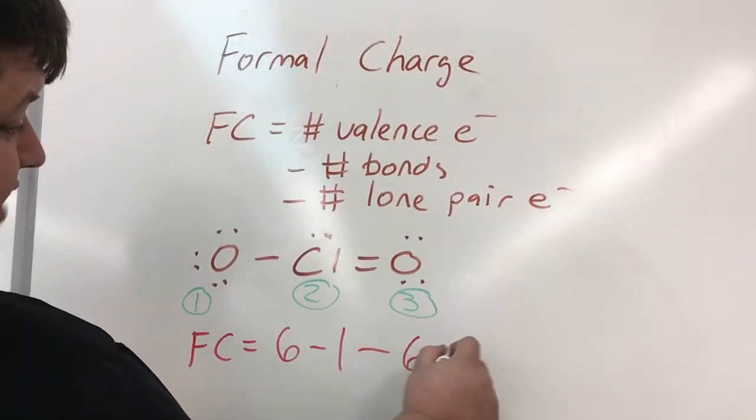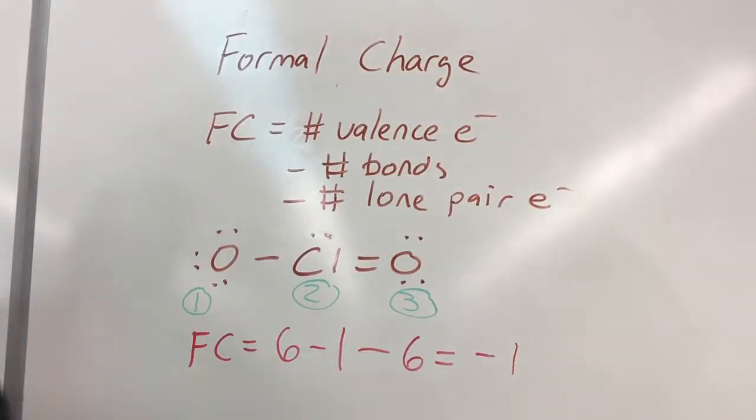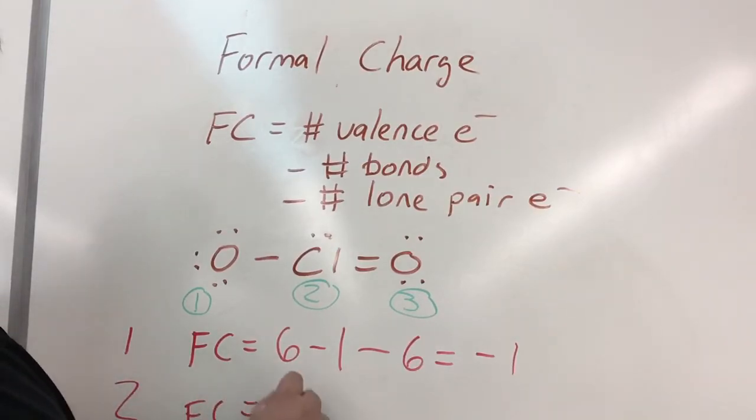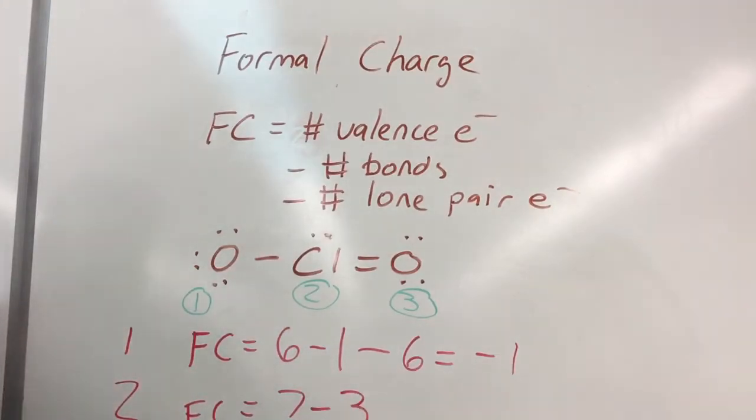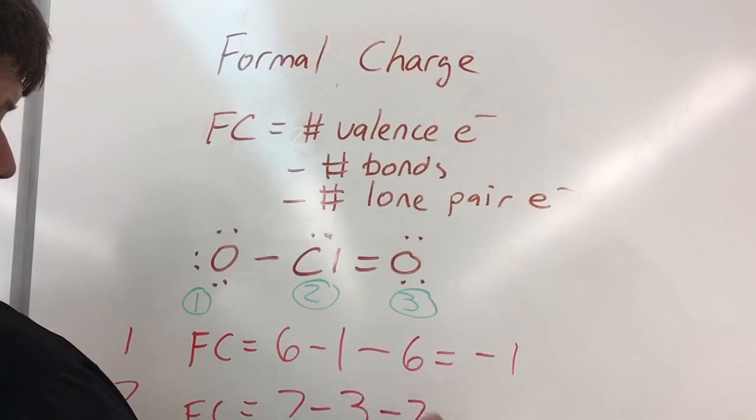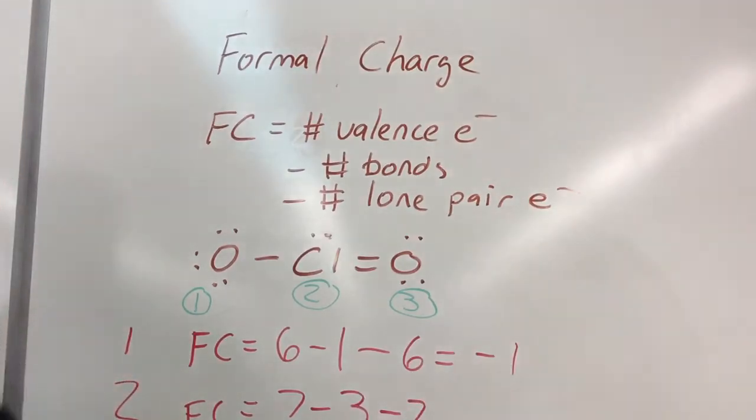So the oxygen is going to have a formal charge of minus 1. So this is 1. 2, the chlorine in the center, the formal charge is equal to 7, the number of valence electrons, minus 3, the number of bonds, minus 2, the number of lone pair electrons. So when you measure, you're going to get positive 2.